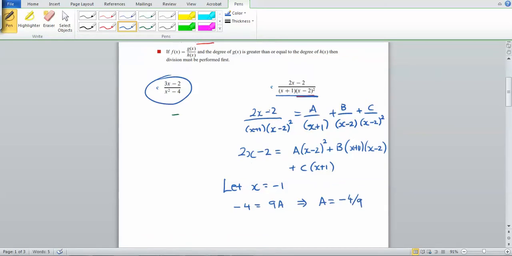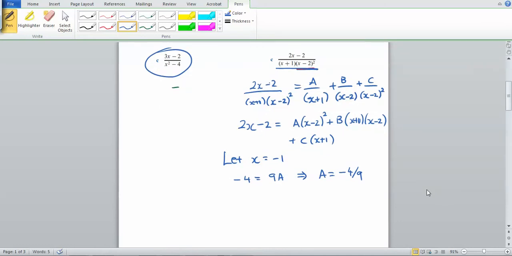Now let's go ahead and find B and C. To find C, the easiest thing this time would be to let x equal 2. That cancels this side out, and it's going to cancel this side out as well. So let's do a second case where we let x equal 2. We know that 2 times 2 is 4, 4 minus 2 is 2.